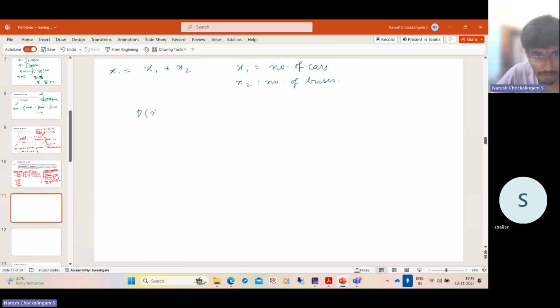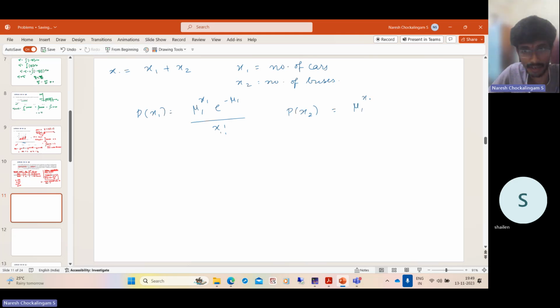So P of x1 is equal to mu1, which is the mean arrival rate of cars, power x1, e power minus mu1, divided by x1 factorial. And x2 is again an independent Poisson process. So P of x2 is mu2 power x2, e power minus mu2, by x2 factorial.